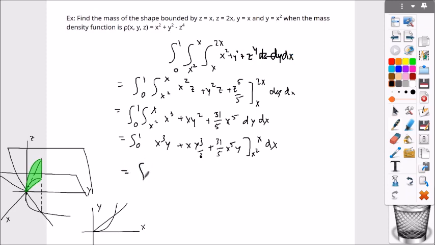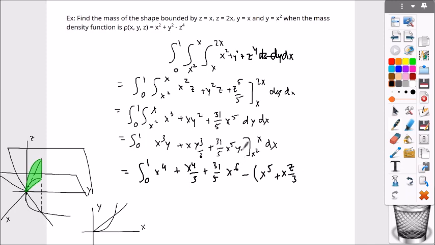I can't actually do mental math on this because I actually have to calculate it out. It's a little bit more complicated than that. So it's x to the fourth plus x to the fourth over 3 plus 31 over 5 x to the 6th, minus x to the 5th plus x to the 7th over 3.